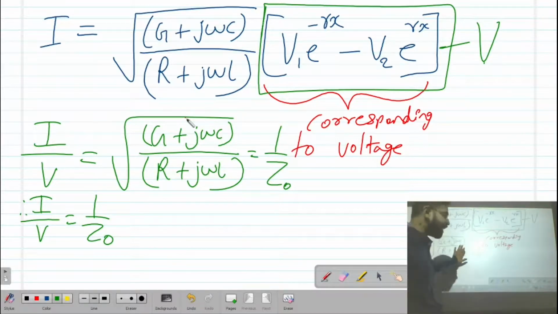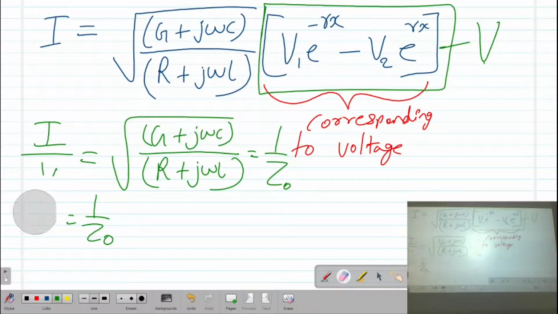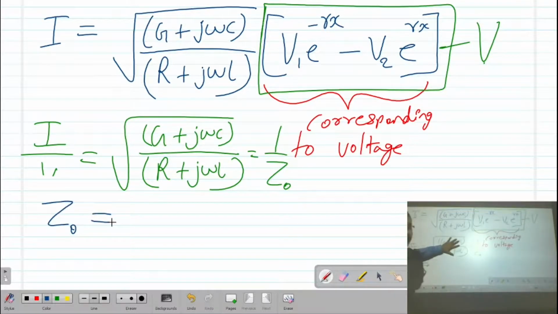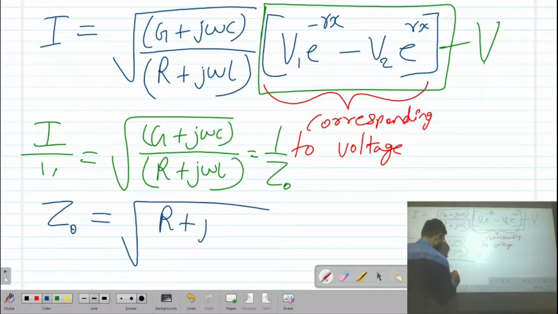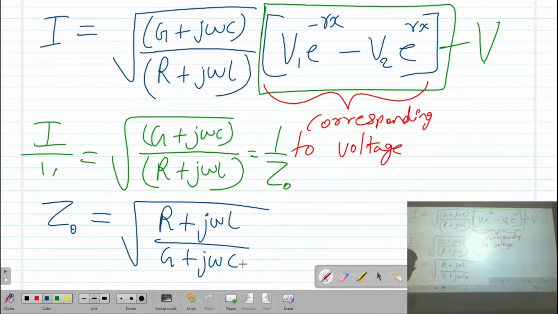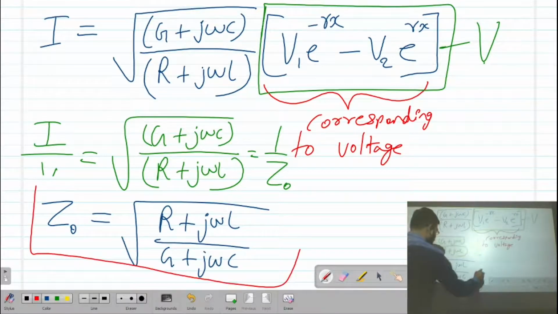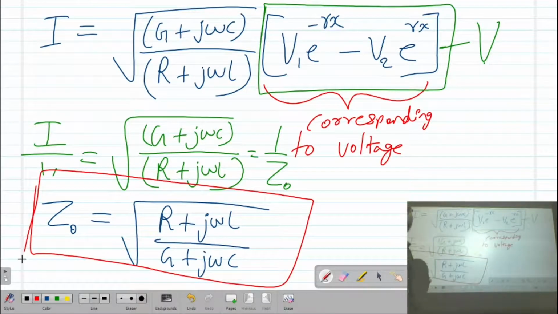So the value of Z0 will be the inverse of this term, because it's inversely proportional. So Z0 is equals to root of R plus j omega L divided by G plus j omega C. This is the required equation of characteristic impedance.